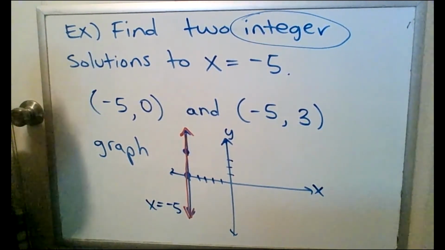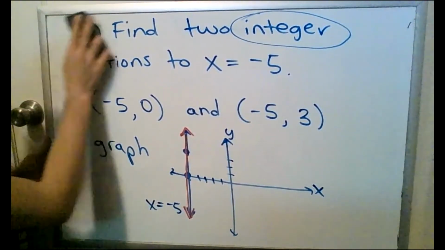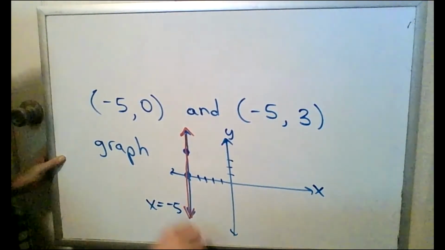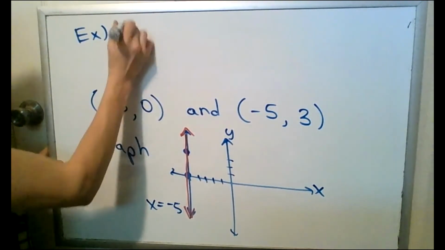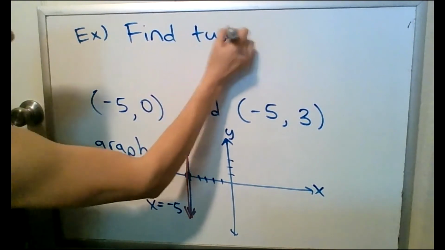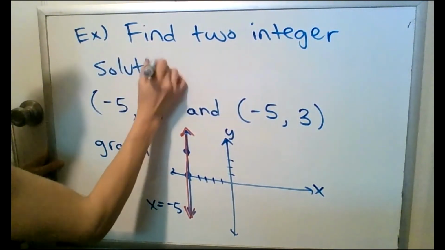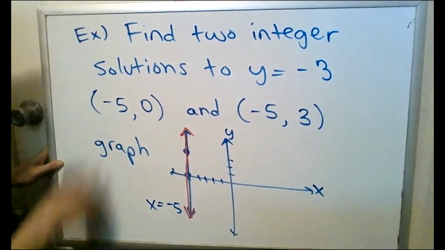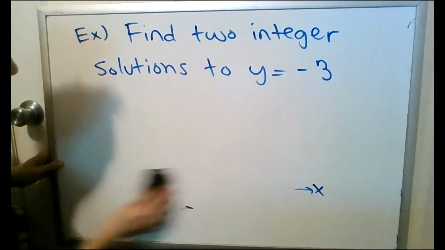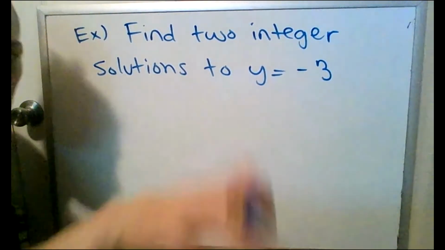Okay, let's find two integer solutions to y equals -3. Oh, cool.